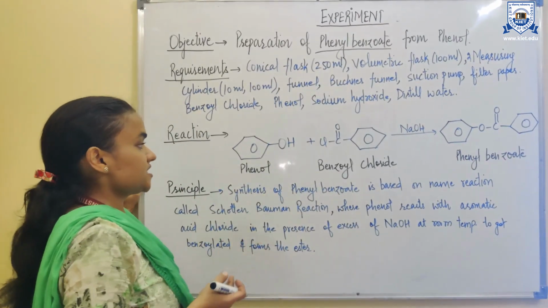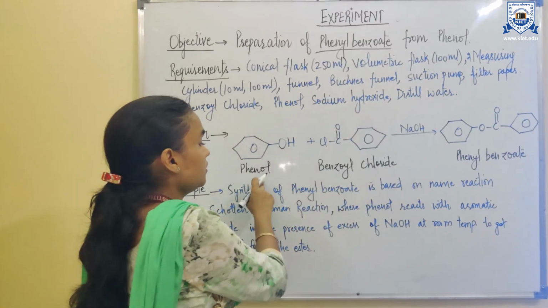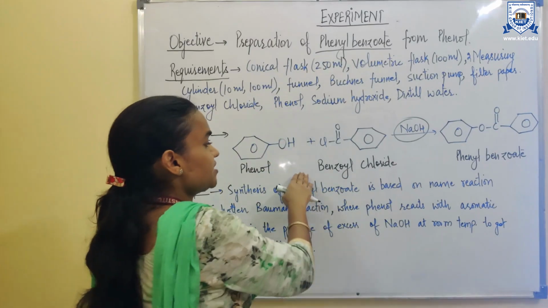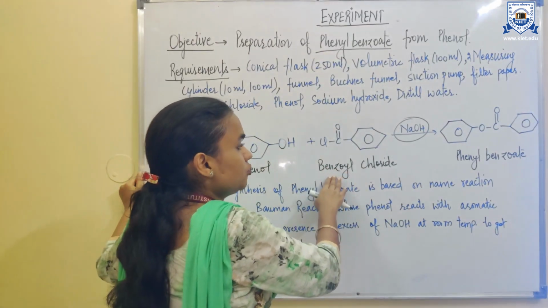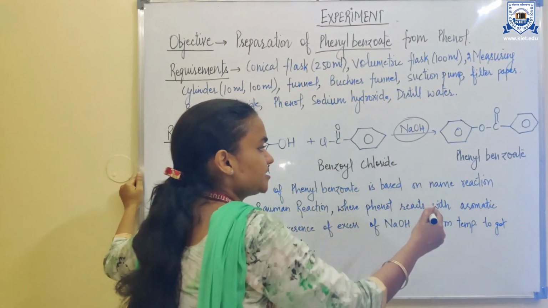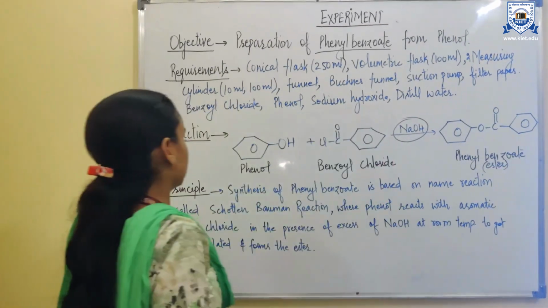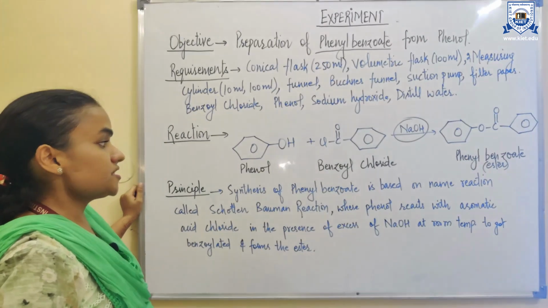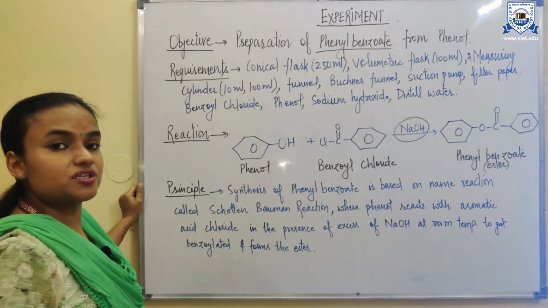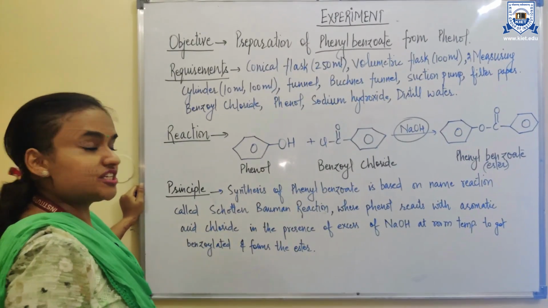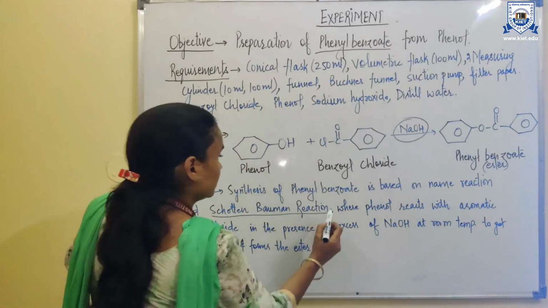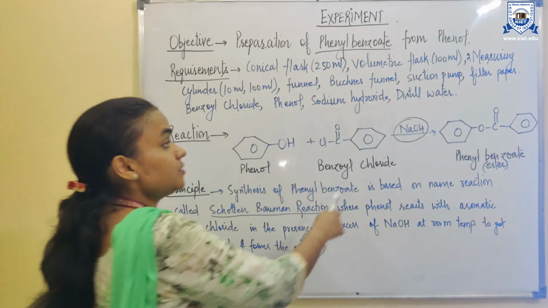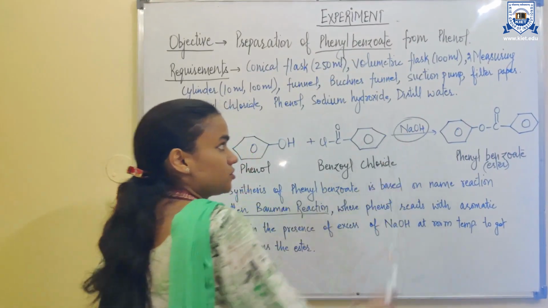Phenyl benzoate is synthesized by the reaction of phenol. Phenol is taken in sodium hydroxide solution in the presence of benzoyl chloride to form phenyl benzoate. It is an ester. The basic principle of this reaction is that the synthesis of phenyl benzoate is based on a name reaction, the Schotten-Baumann reaction, where phenol reacts with an aromatic acid chloride in the presence of excess sodium hydroxide.